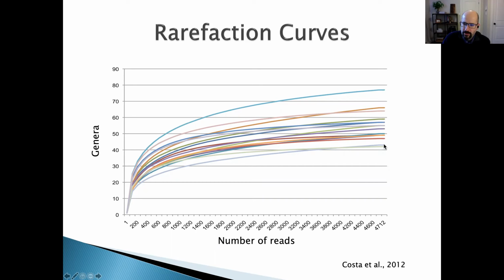So let's take those two borderline samples here as an example. They have more or less the same richness, right? One has, let's say, 42 genera and the other one has 43 different genera. But if you look at the shape of their curves, they are quite different. One starts to flatten right about 200 or 300 reads, or not flat, but it starts to go down a bit.